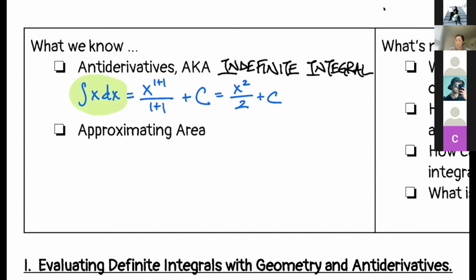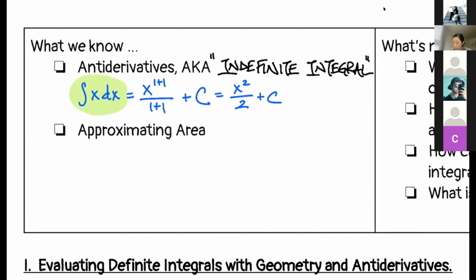Okay, so you might hear someone say, hey, find the antiderivative. But more likely than not, you will hear someone say, find the indefinite integral. Okay, those two words mean the same thing.